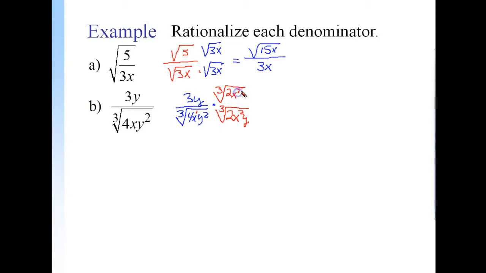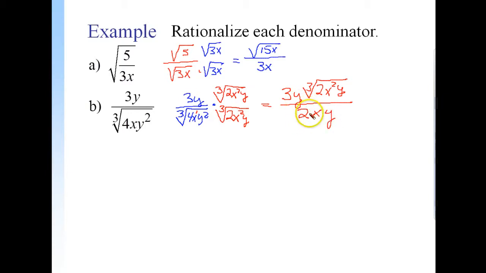2x squared y. So then this just becomes 3y, the cube root of 2x squared y, all over now, since this is going to be 8, which will be a 2, x, y. Now notice something here.